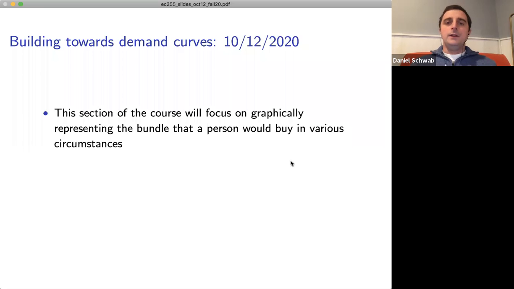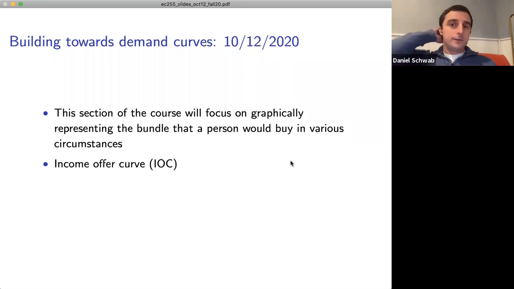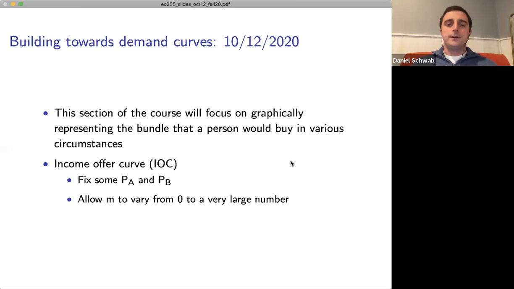Okay, so we're going to focus on graphically representing the bundle that somebody would buy. We looked first at the income offer curve. An income offer curve just means fix some PA and PB. You fix some prices and those stay fixed as you draw your income offer curve. Then you allow M, your income, to vary.